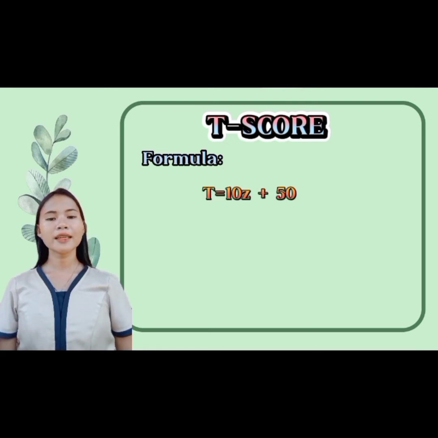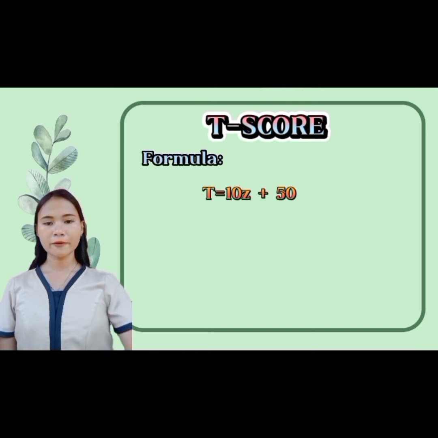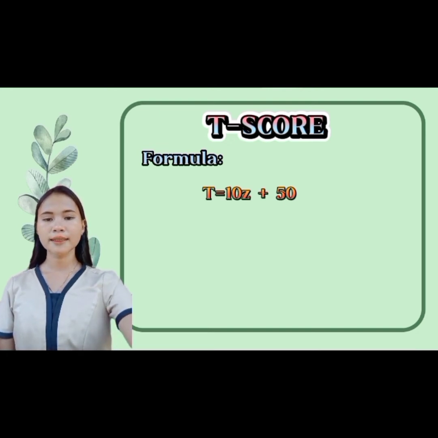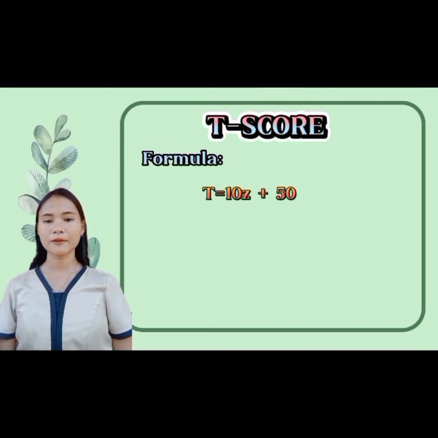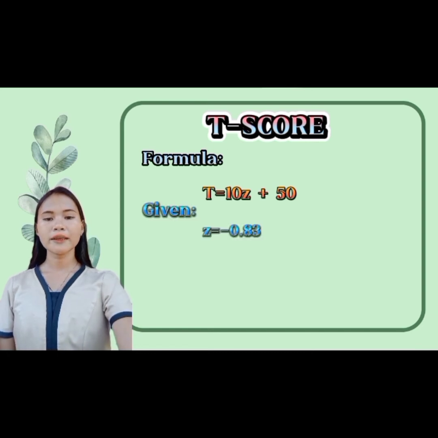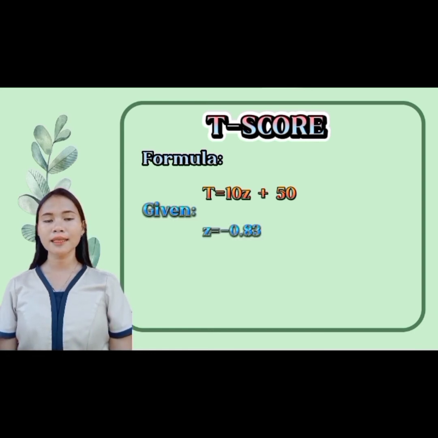Before getting the t-score, we will get the z-score first. Earlier, we got the z-score, so we will use it in getting the t-score. To transform the z-score into a t-score, we will use the formula of the t-score, which is t equals 10z plus 50. Our given is z-score equals negative 0.83.